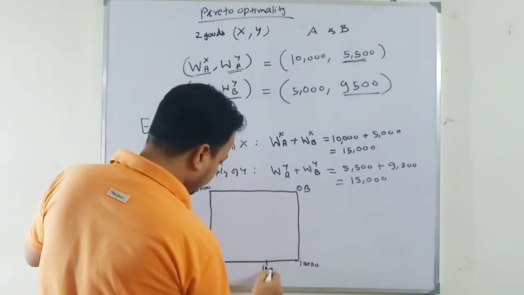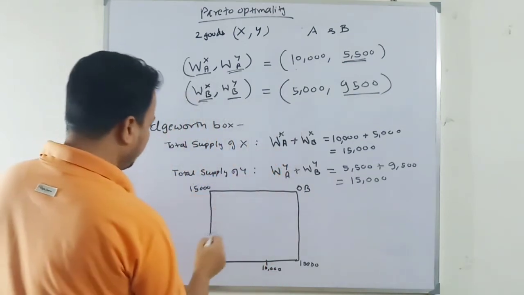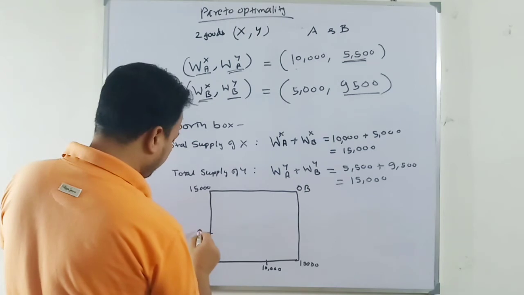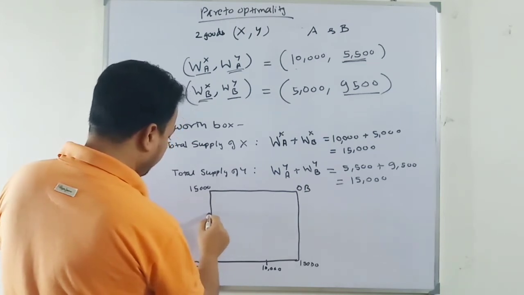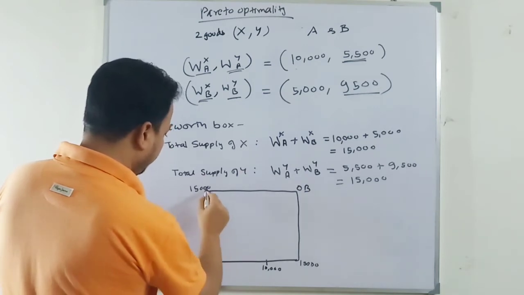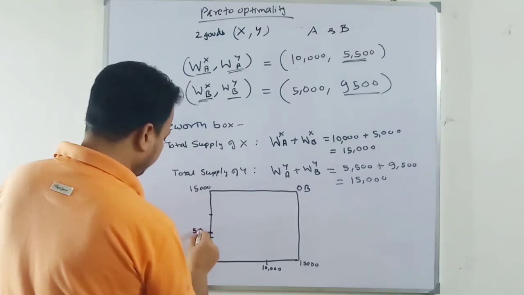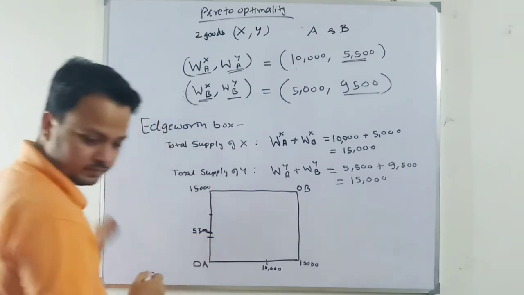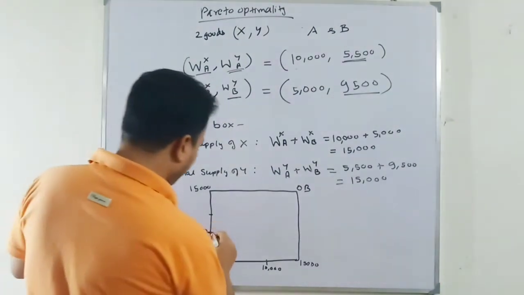And Y is 5,500. You need to make it like this: 5,000, 10,000, 15,000, and this will be 5,500. So I join these two points.